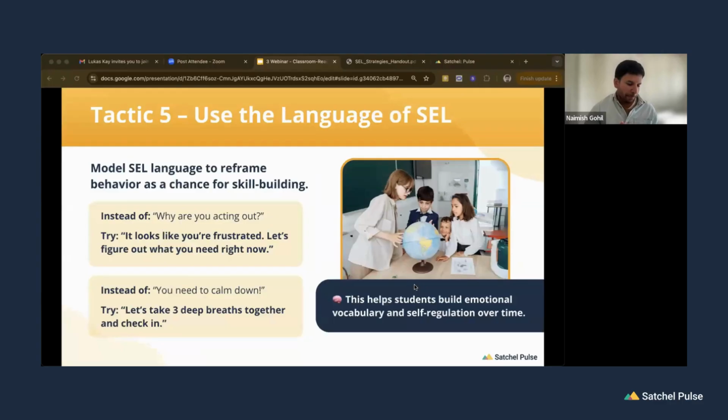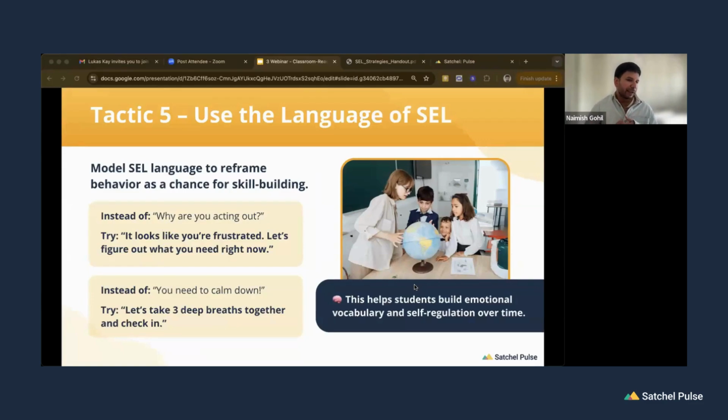Tactic five is really using the language of SEL. How can we model SEL language to reframe behavior as a chance of skill building? I've got a couple of examples here, and I touched on it earlier on.